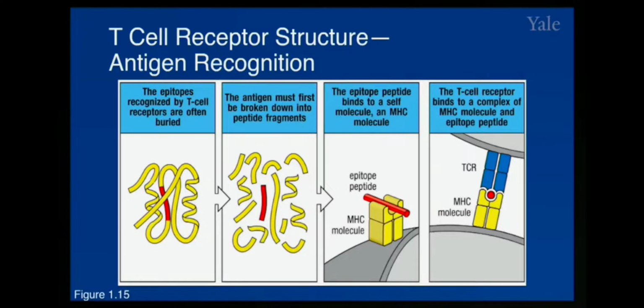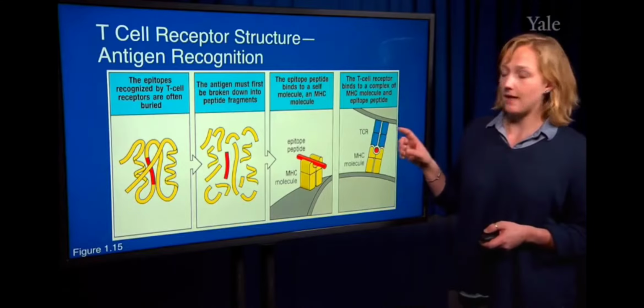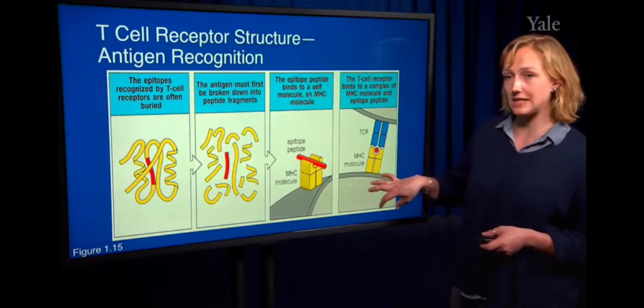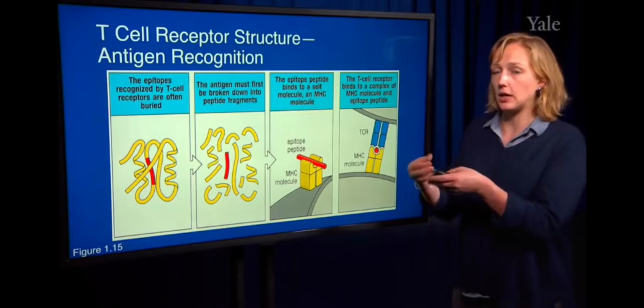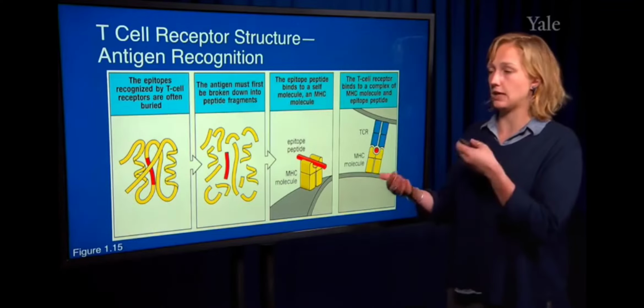These cells will present the antigen on their Mhc molecule to a T-cell receptor. And this interaction between an Mhc molecule holding an antigen and its cognate T-cell receptor will activate the T-cell, leading to an effector response.